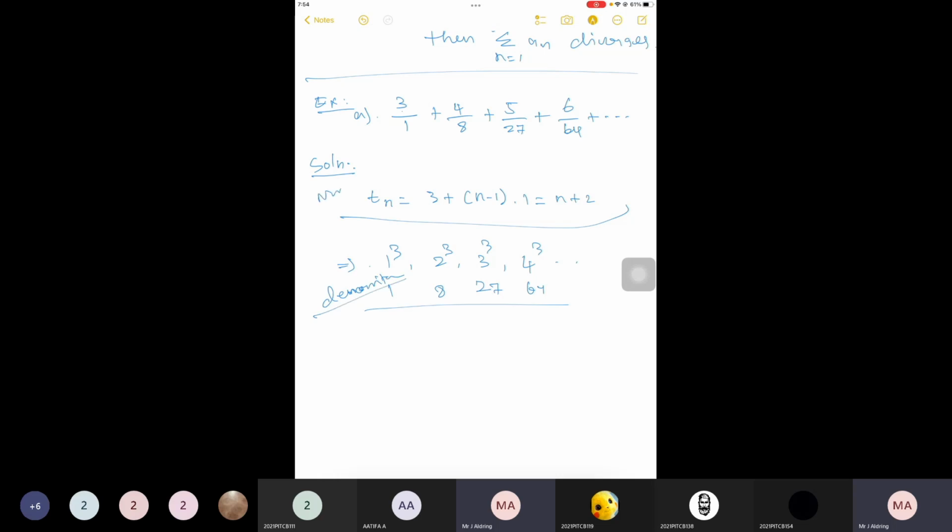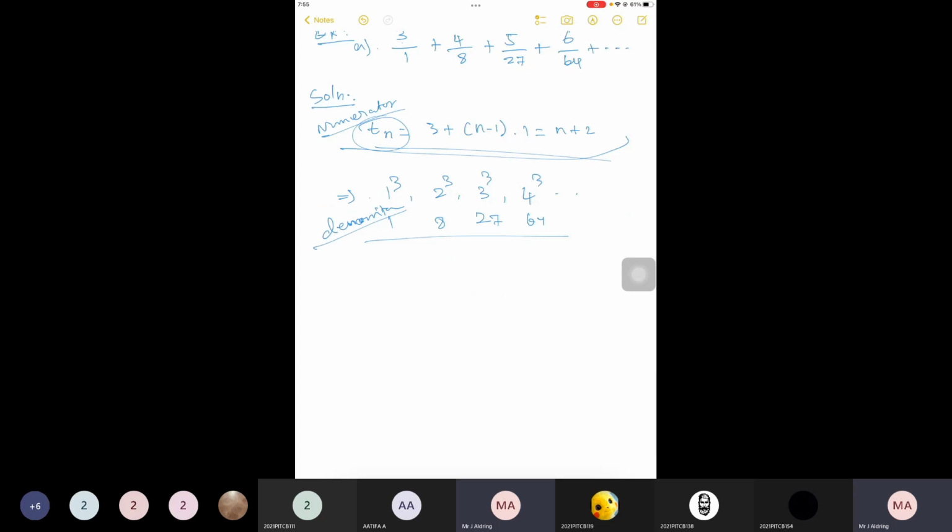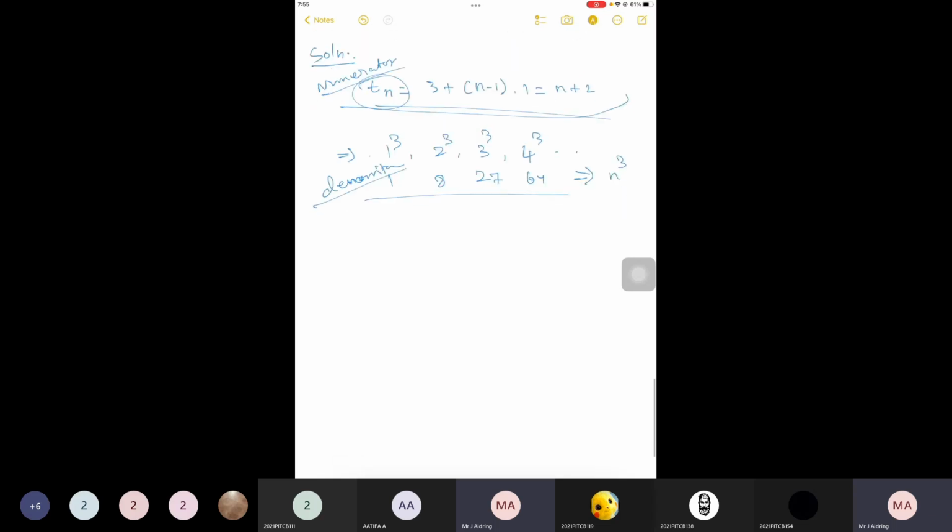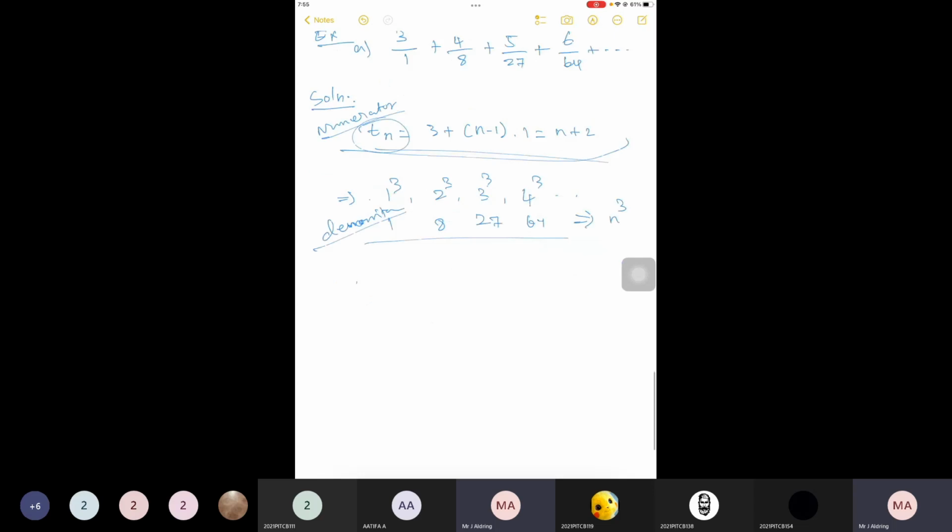That means 1 cube, 2 cube, 3 cube, 4 cube. The numerator is in arithmetic progression, with first term a and a common difference, so by the Tn formula the numerator is n plus 2. The denominator is 1 cube, 2 cube, 3 cube and so on, therefore n cube. Therefore an is equal to the numerator n plus 2 divided by the denominator n cube. That is the series here.